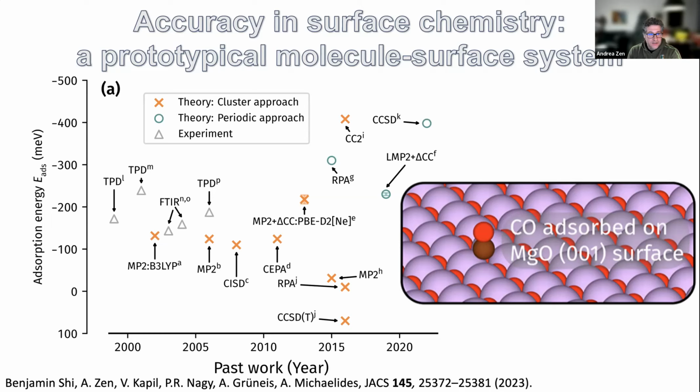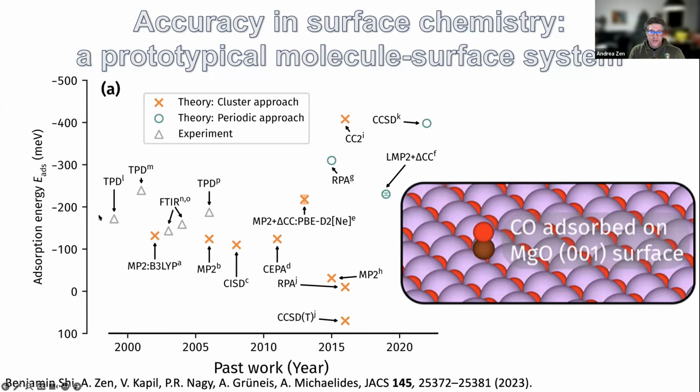Here, the gray triangles represent the experimental values obtained mostly from temperature programmed desorption experiments. And as you can see, the consensus among these different evaluations is not good.